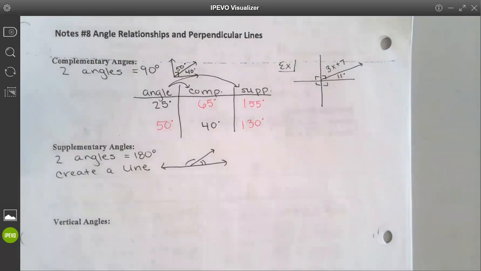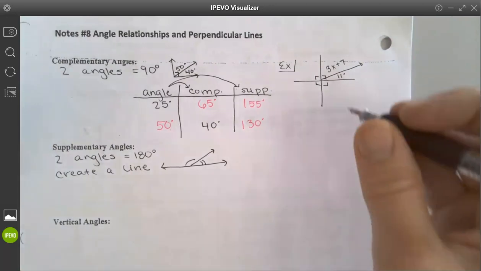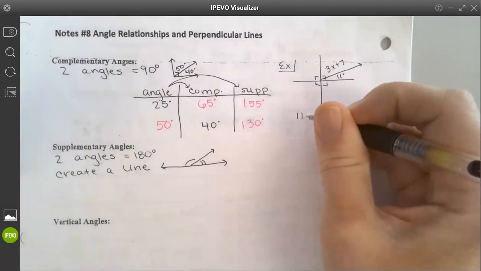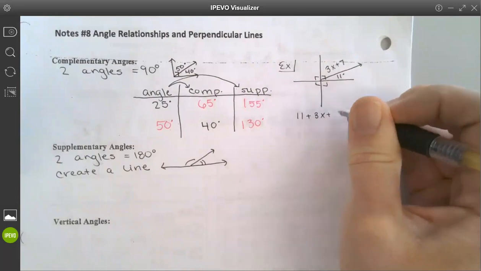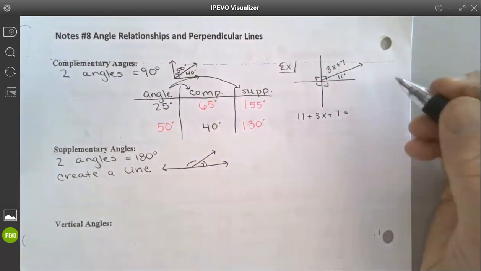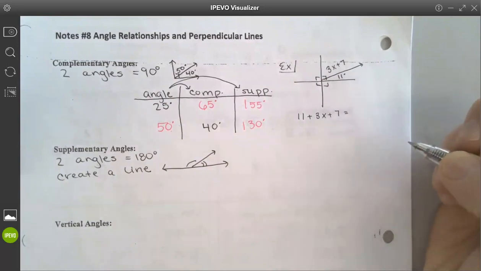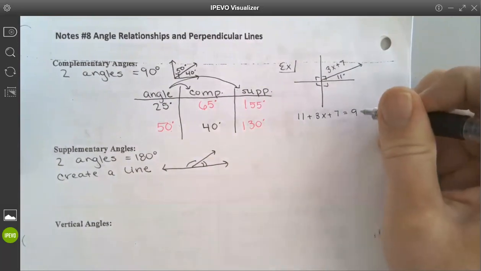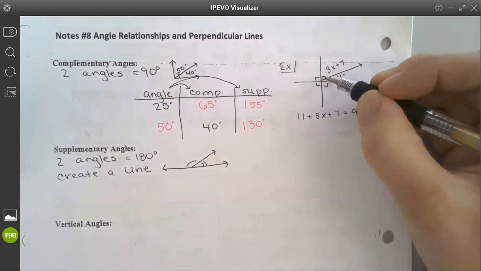It doesn't necessarily use the word complement, but I see 90-degree angles there, and I know that I can use angle addition. So I can say 11 plus 3x plus 7 has to equal what? It has to equal 90, because it's creating a right angle here.